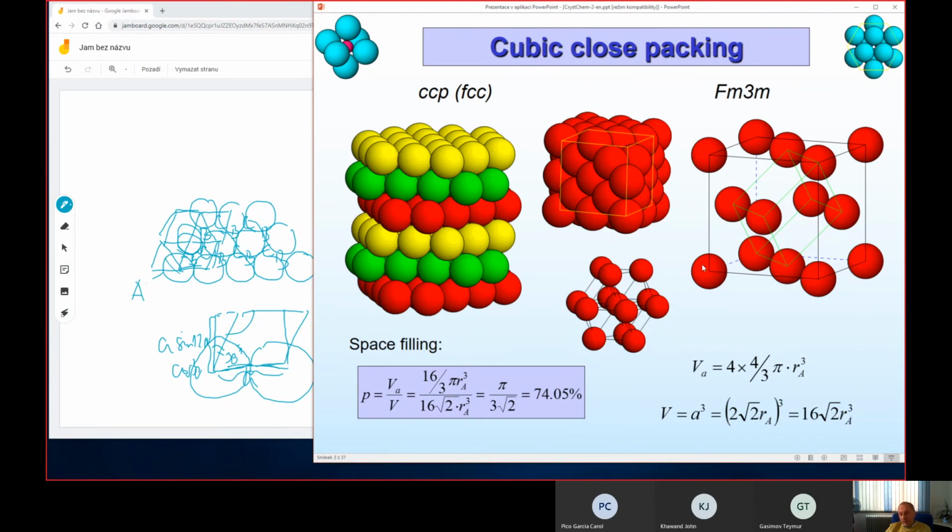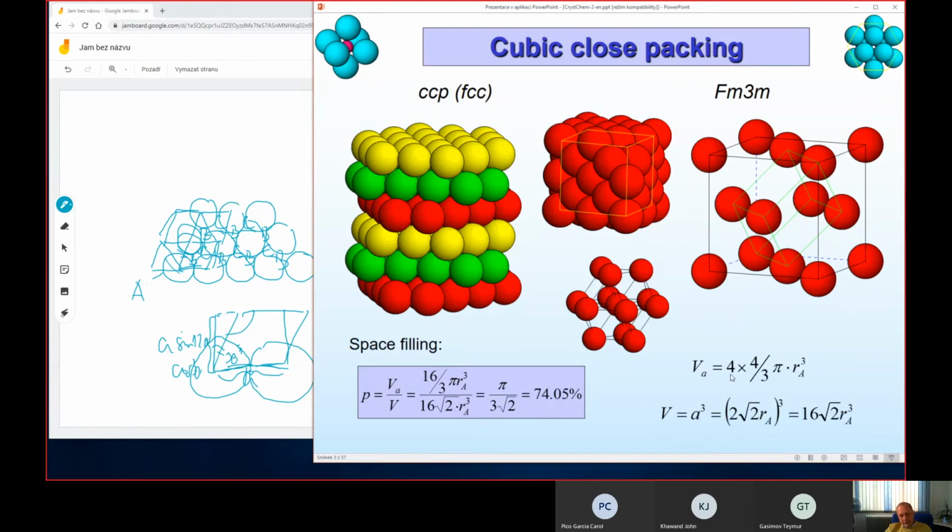So one atom in general from the corners contributes to this unit cell, while the atoms in the centers of faces contribute by 1/2, and there are 6 of these atoms. So in total 3 atoms from the faces and 1 atom from the corners, which yields 4 atoms per unit cell. And the space filling factor is exactly the same as for hexagonal close packing.